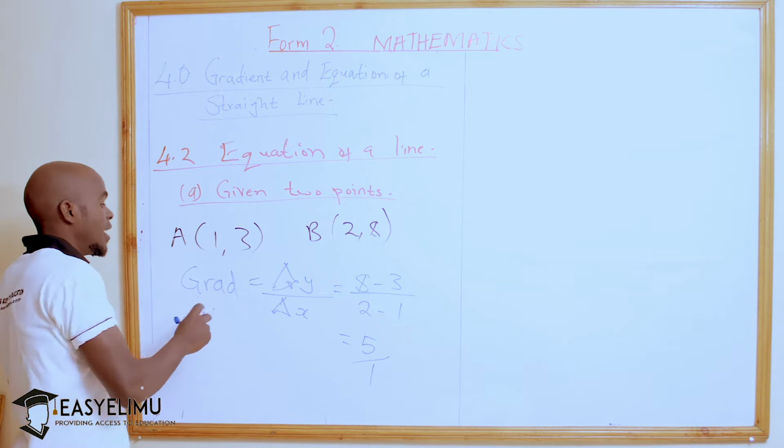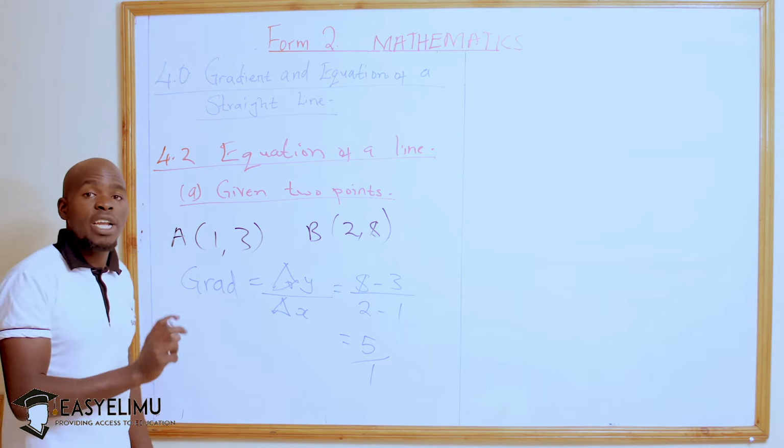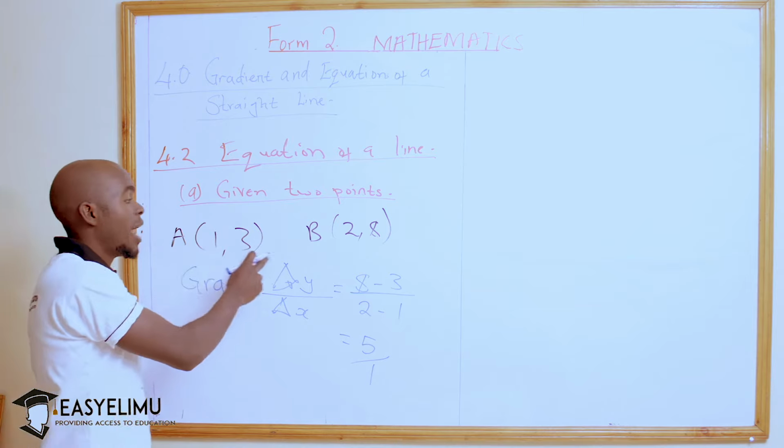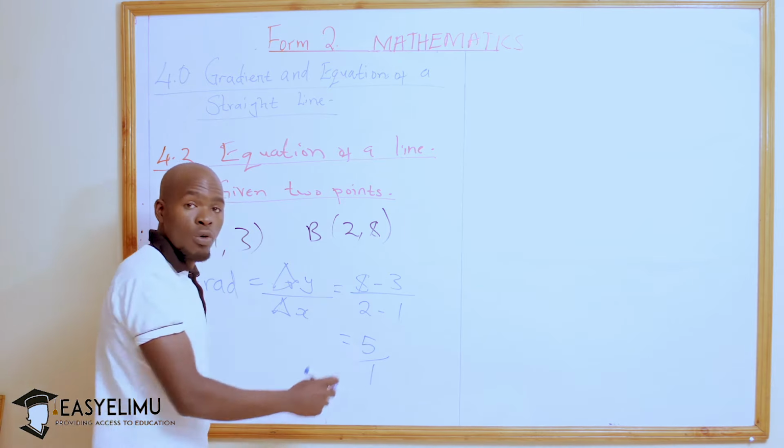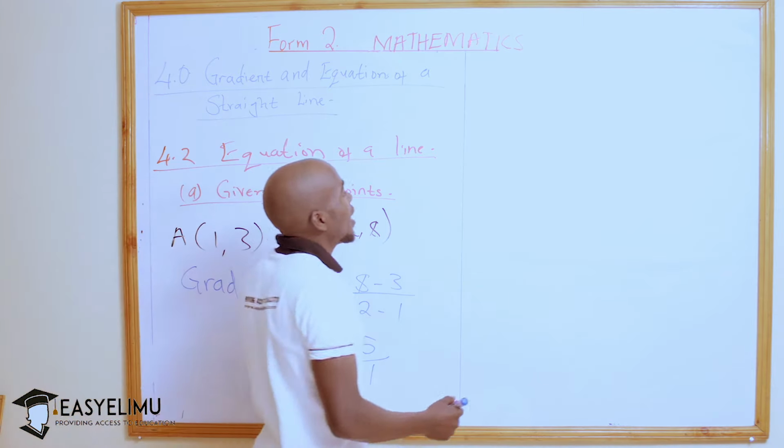So the gradient of a straight line passing through points A and B is equal to 5.